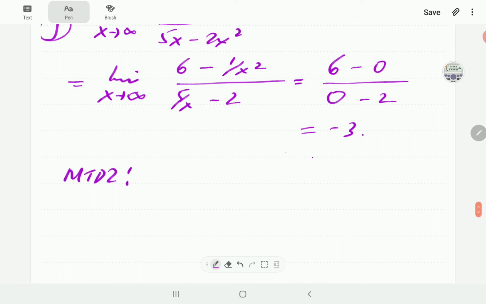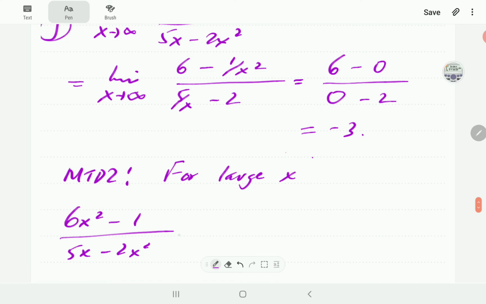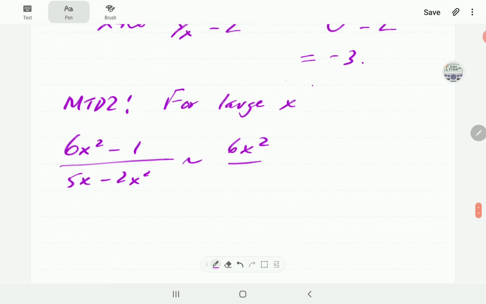Then in method 2, we are going to say for large x, 6x squared minus 1 over 5x minus 2x squared is going to behave like, in the numerator, dominated by 6x squared, denominator dominated by negative 2x squared, which works out to negative 3.